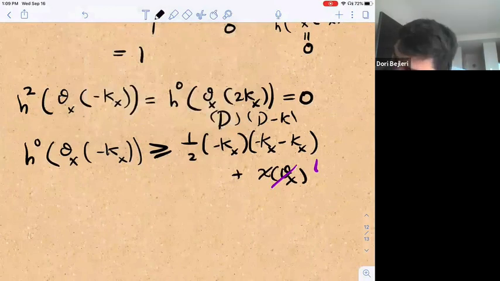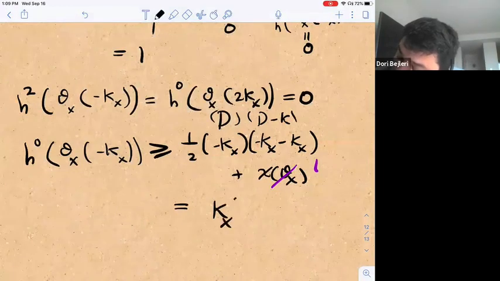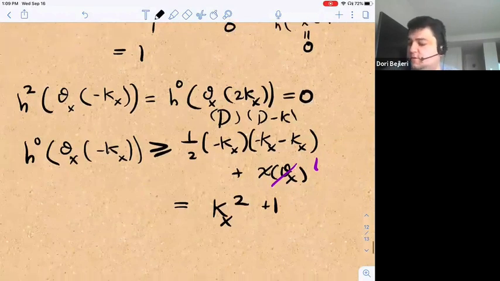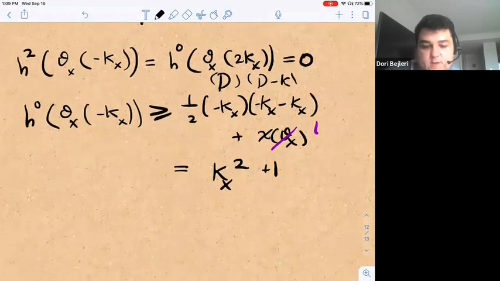So now we compute this, and the whole thing is greater than or equal to KX squared plus 1. Because here we have 2, we have minus KX, so we get a 2, and we get KX squared plus 1.